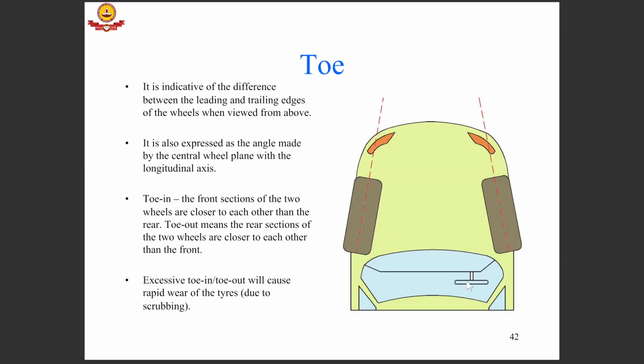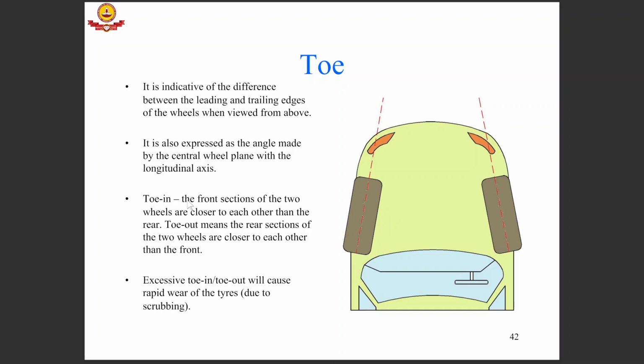Then there is toe. If you were to look at the vehicle from above, this is what toe angle is. It is indicative of the difference between the leading and trailing edge of the wheels when viewed from above.